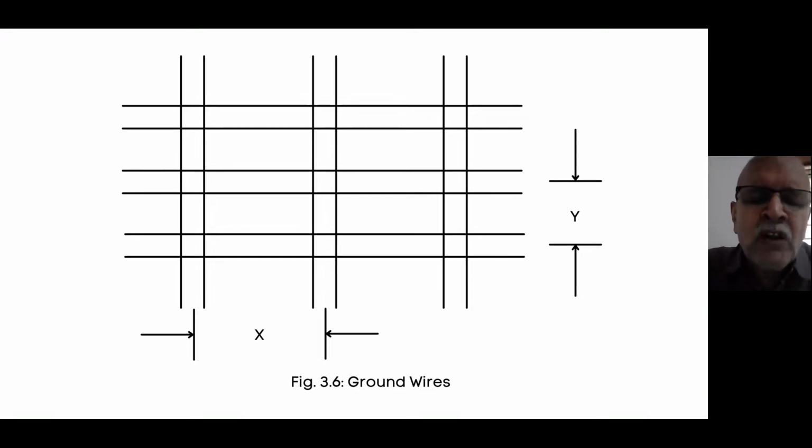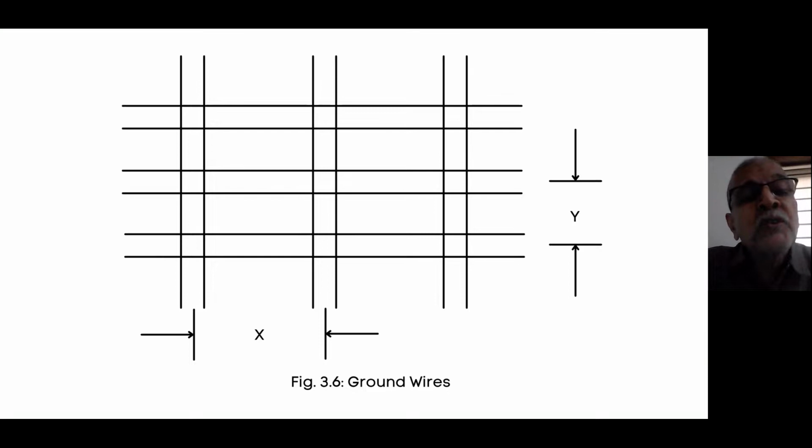Counterpoise wire, I have not shown the figure, but counterpoise wires you can lay on the ground also. But people do not lay on the ground because there can be theft. So a half meter pit is dug and the counterpoise wire is run half a meter under the ground.